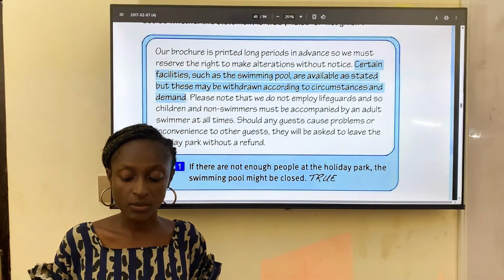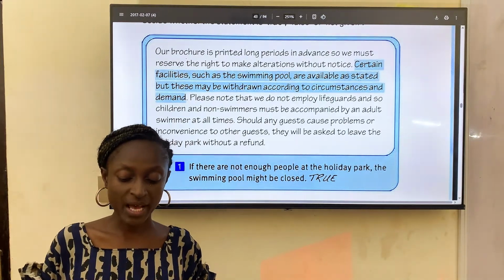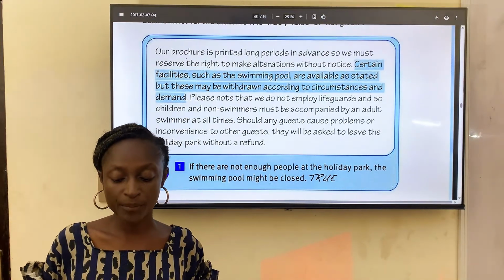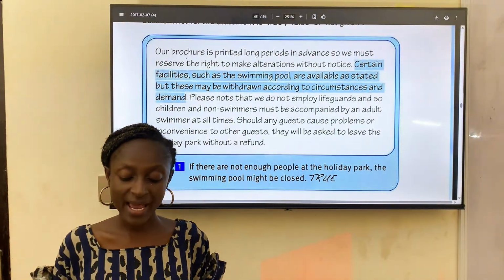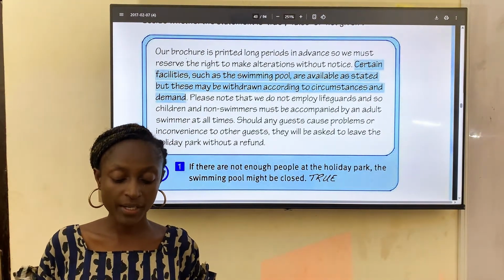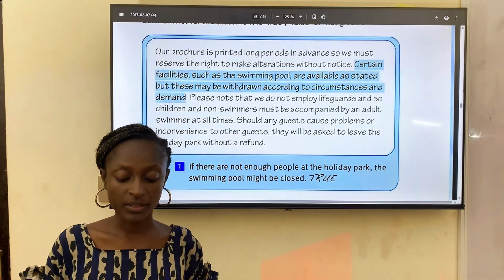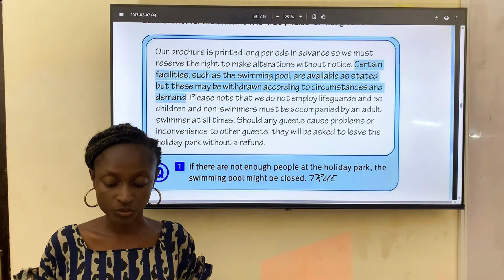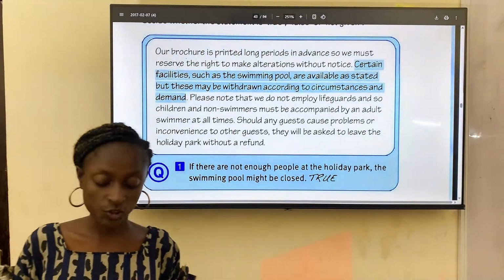Please note that we do not employ lifeguards, and so children and non-swimmers must be accompanied by an adult swimmer at all times. Should any guest cause problems or inconvenience to other guests, they will be asked to leave the holiday park without a refund. Now that is the extract that we've just read.